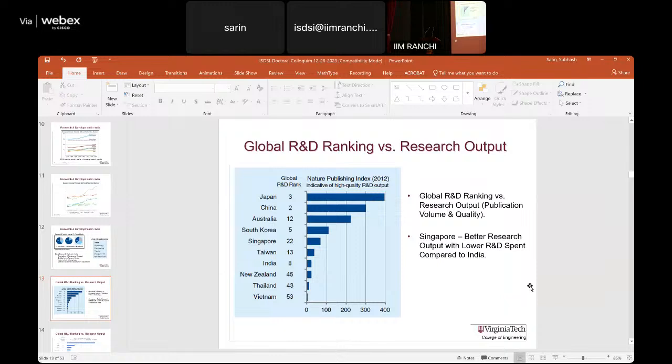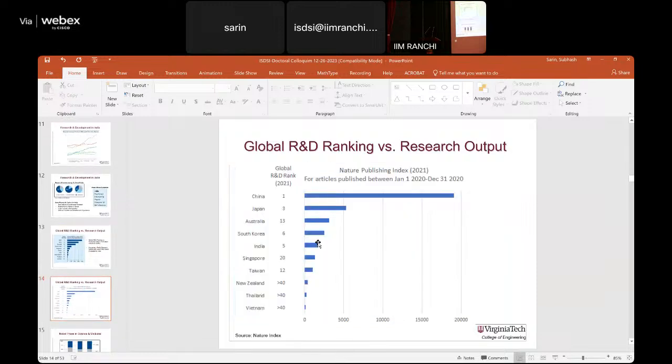Again, India is 8th on the research intensity rank, but is pretty low from the research productivity point of view. Singapore was 22nd in the amount of research money being spent, but its publications are relatively much higher. So this is good to know, an idea of where we are.